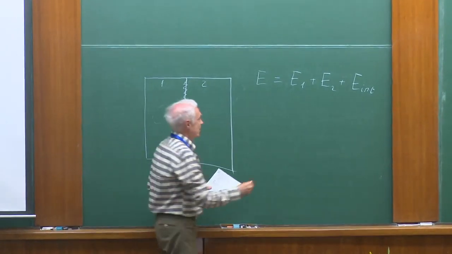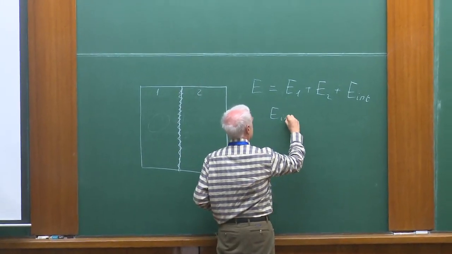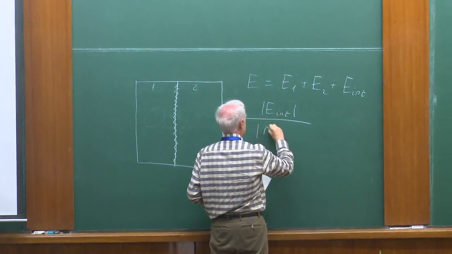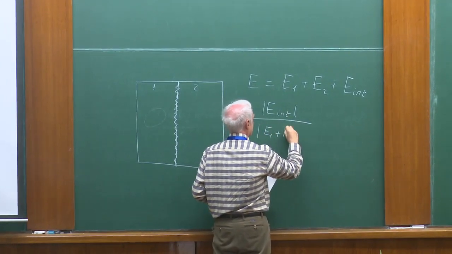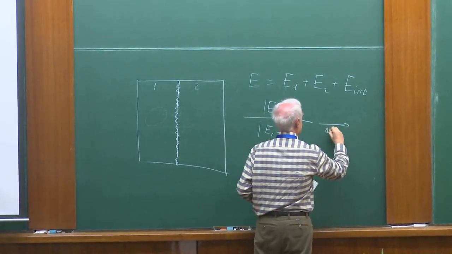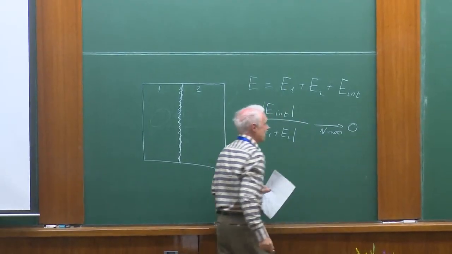So the important point is that if you take the ratio of E interaction to E and you send the number of particles to infinity, you get 0.